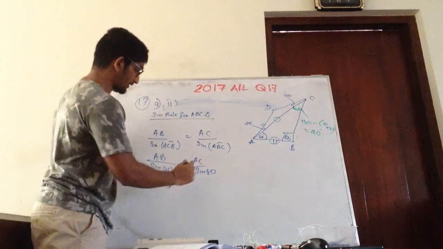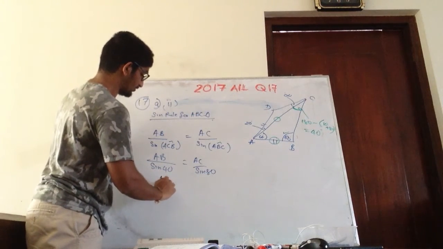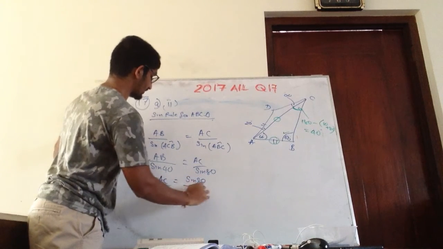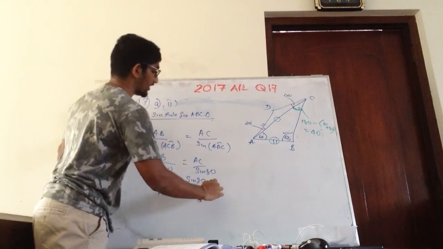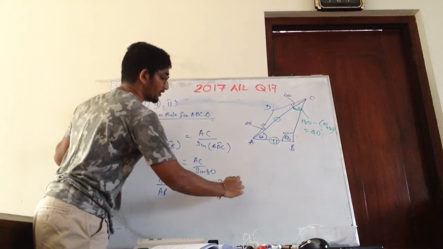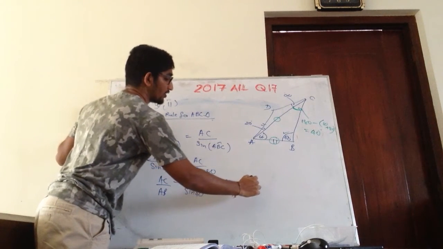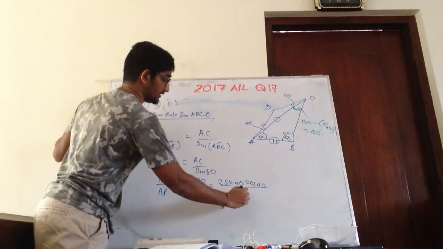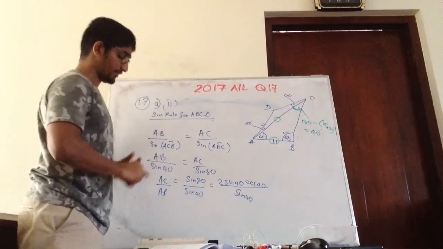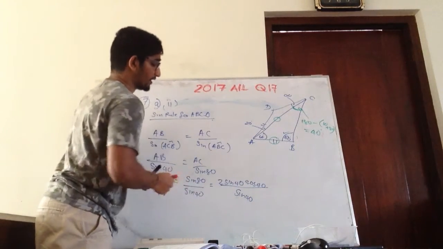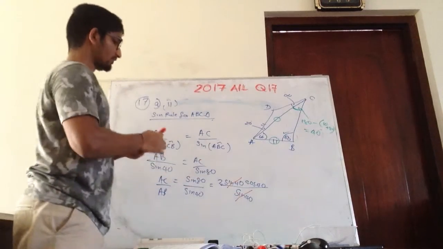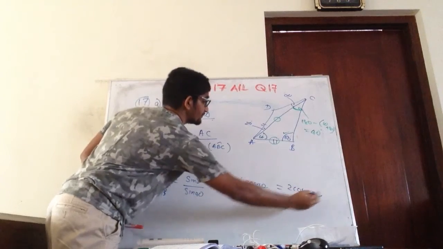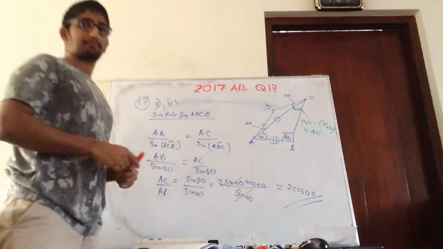Then they are asking us to find the ratio AC over AB, which will be sine 80 over sine 40. I can write sine 80 as 2 sine 40 cos 40, because these are double angles. Then over sine 40, I can cut this off. Then I will get 2 cos 40. Right, so that's done.